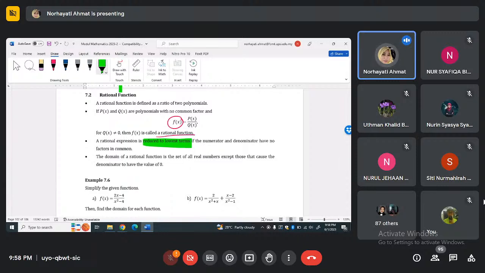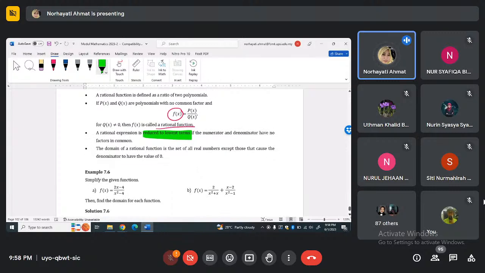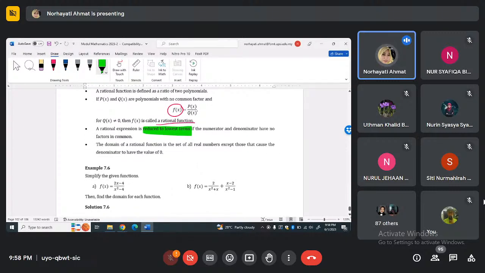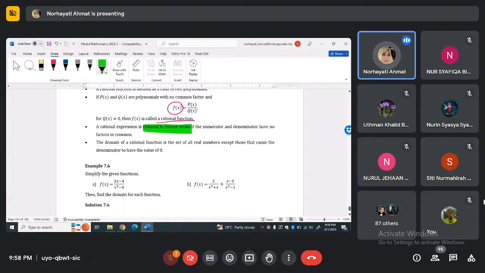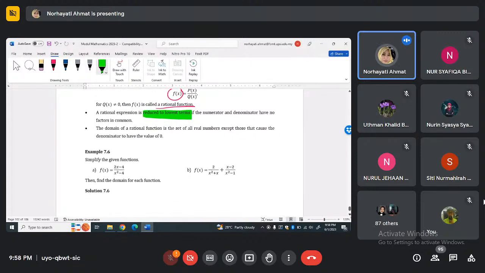Okay, so kalau dia tak ada common factor, we need to reduce the rational expression to the lowest terms. Okay, macam mana nak buat? Macam tadi itulah long division. Okay, we need to perform long division to reduce the terms of numerator and denominator. Okay, the domain of a rational function is the set of all real numbers except those that cause the denominator to have the value of 0. Okay, so maksudnya we need to make sure the denominator is not equal to 0.